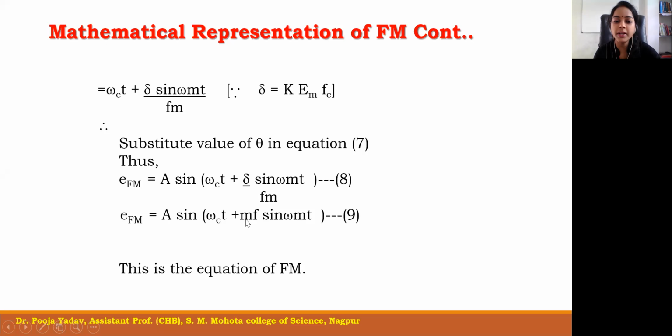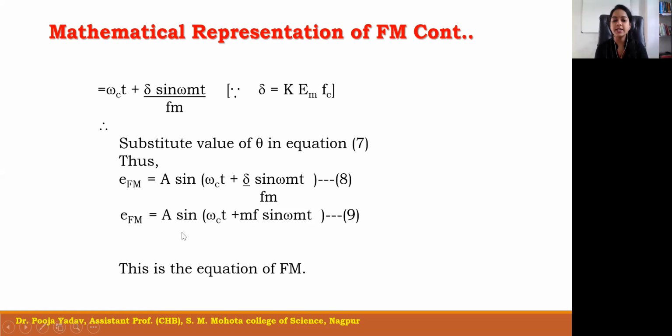This is nothing but mf sine of omega mt. So look at the final equation: A sine of omega ct plus mf into sine of omega mt.